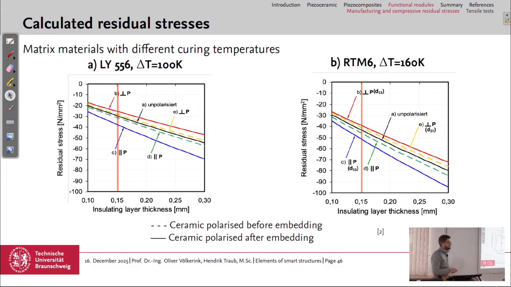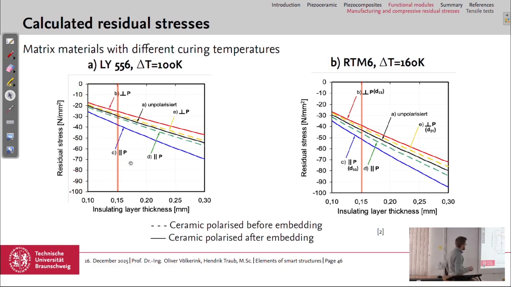And with this, we can calculate the residual stresses, for example, for different materials. So this and LY556 and the RTM6 are different thermoset materials, which have different curing temperatures, and therefore delta T is different. And here is the insulating layer thickness, and here's the residual stress.